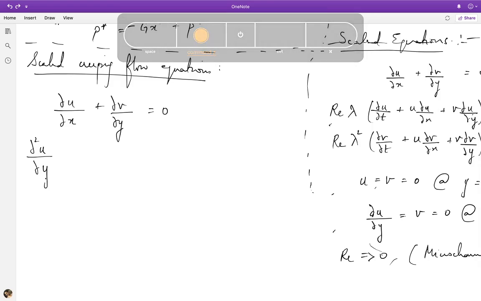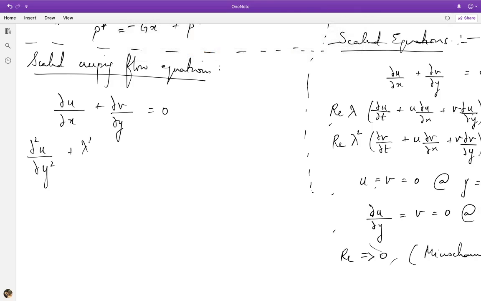So let me write y square term first. Right, and then I have my pressure drop term equal to -1, where I've taken the 1 to the other side.